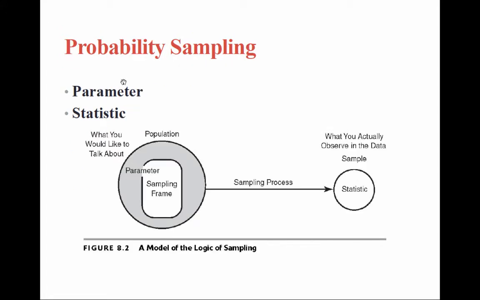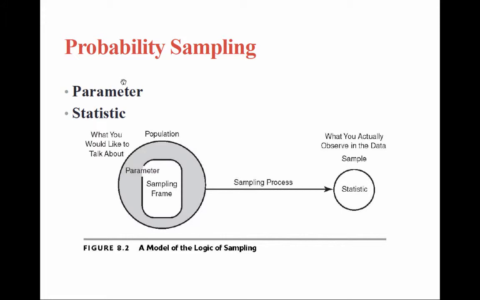Now, the parameter is when I've started to look at my sample and I get some estimates from my sample, it's then me going back to the entire population and thinking about what that means for that group. So as you can see on the bottom here, right, I've got an entire population.